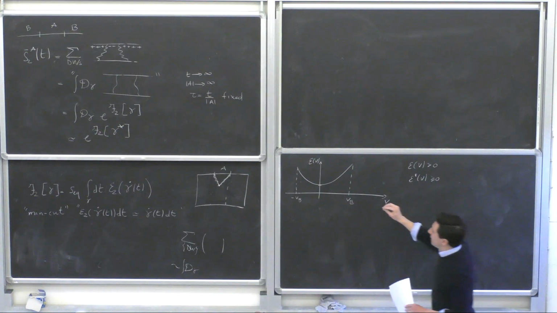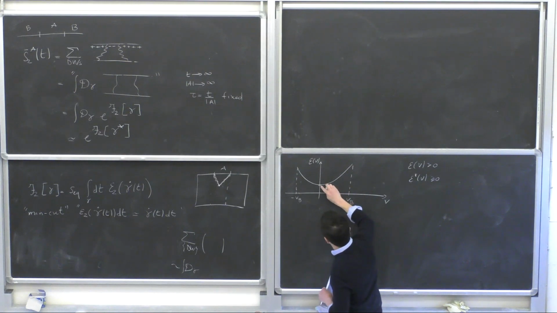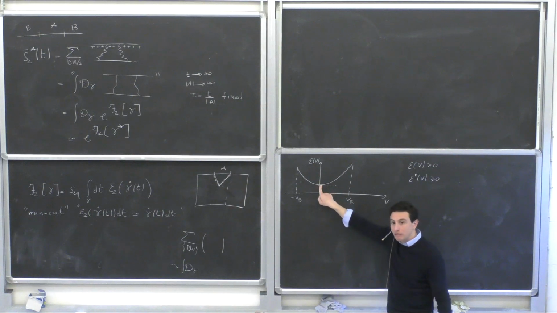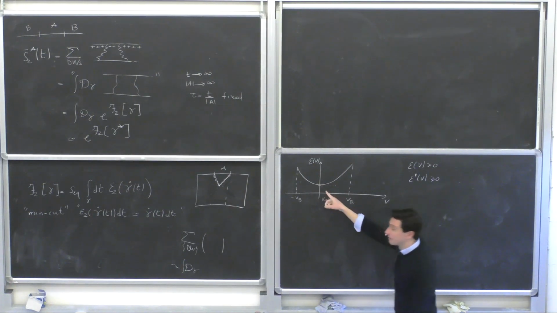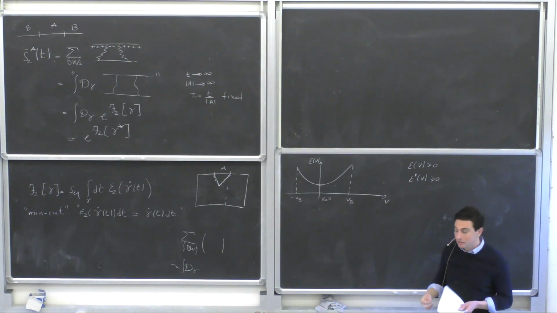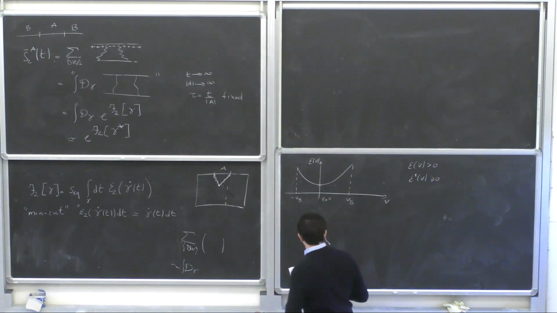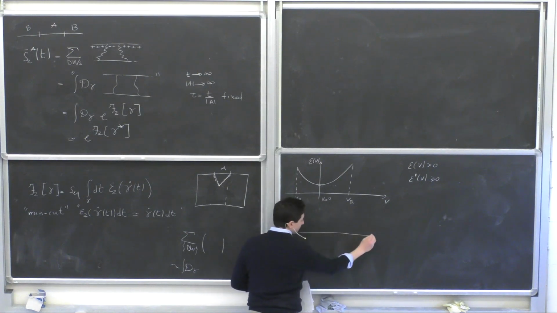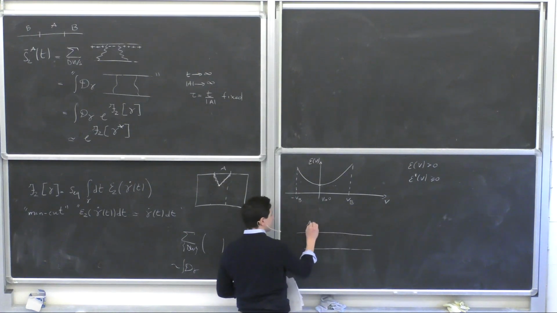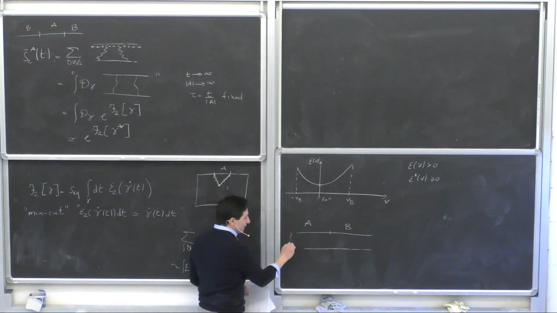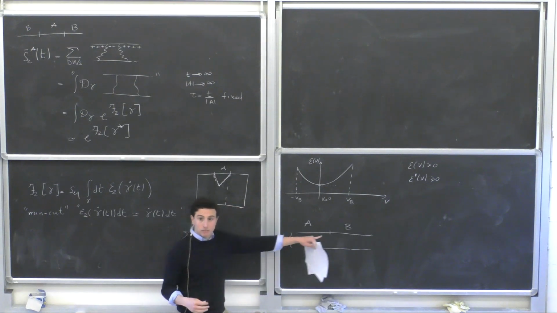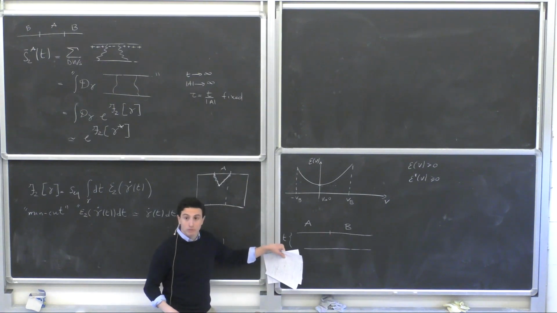Okay, so then finally, here you can ask what is the value of epsilon of v at the value of velocity v equal to 0, and this is something we can actually already infer. And to do that, suppose you have your bipartite system. So here you will have region A, here you will have region B. And then you want to compute the entanglement, assuming that A is very large, B is very large, and is large compared to t.